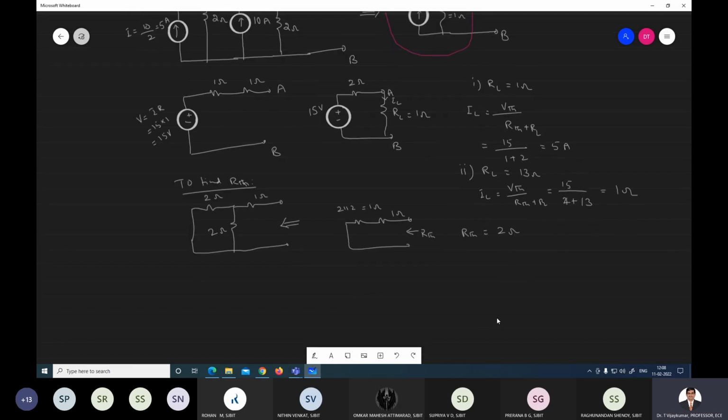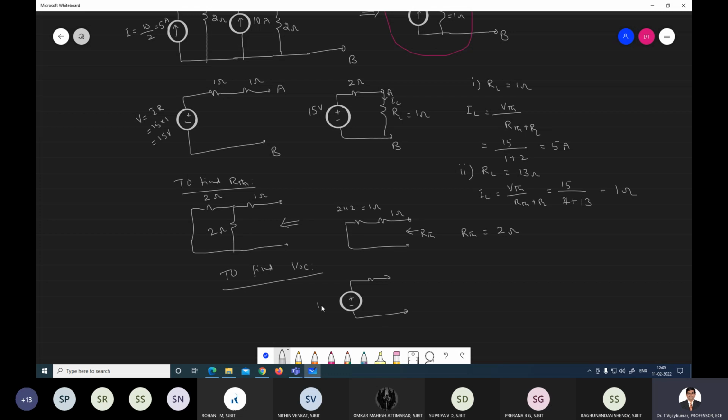We got this circuit now here to find VOC, the open circuit voltage. This is the circuit we got after reducing, plus and negative, and this is the resistance, and here it is 15 volt, and this is a 2 ohm.